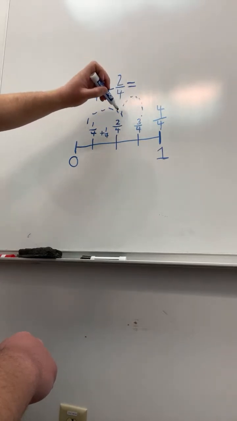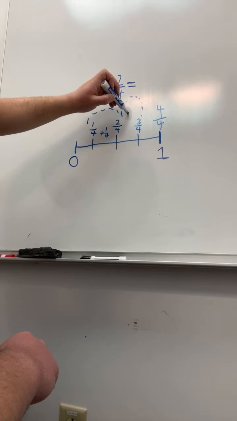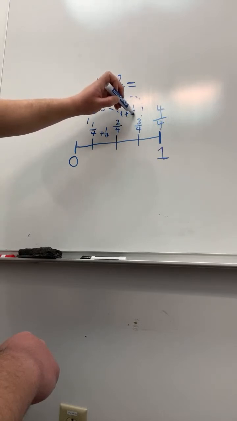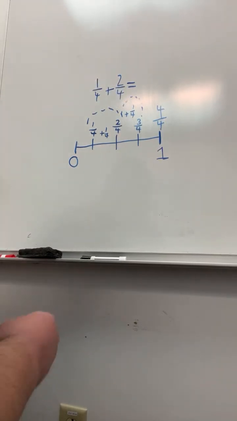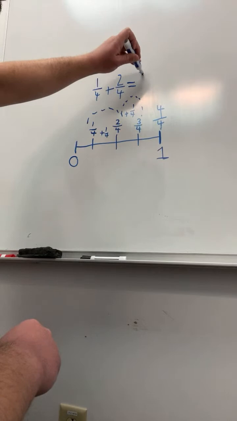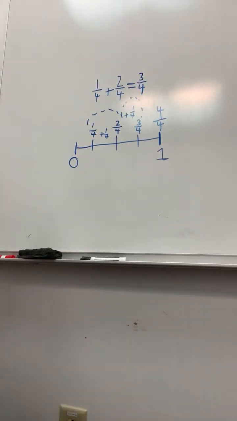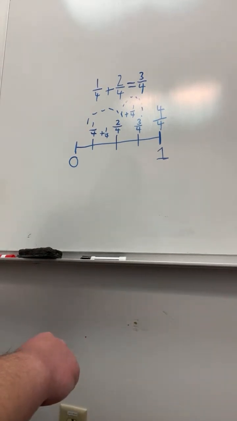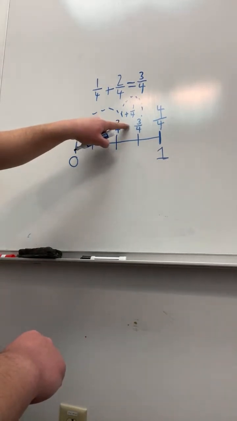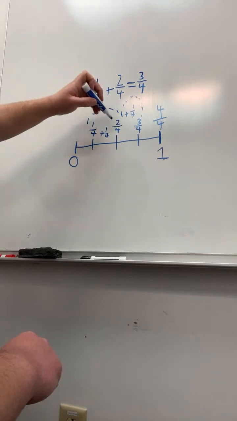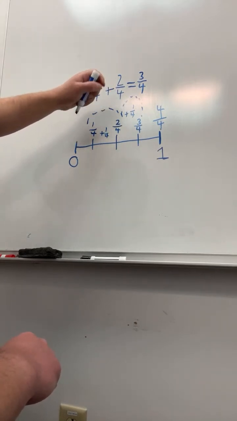If I add a second fourth here, I've added 2/4 total. And I have 3/4. So 1/4, and I added a second fourth. I've added a total of 2/4 between the two of them.